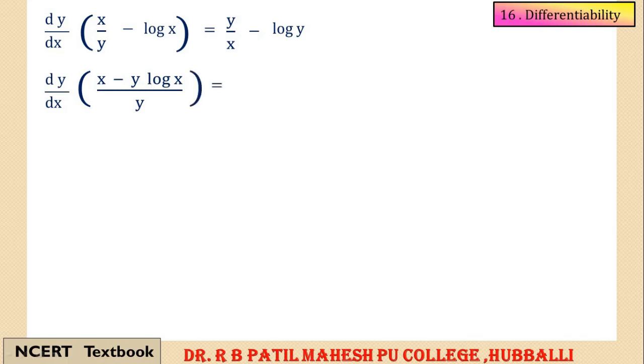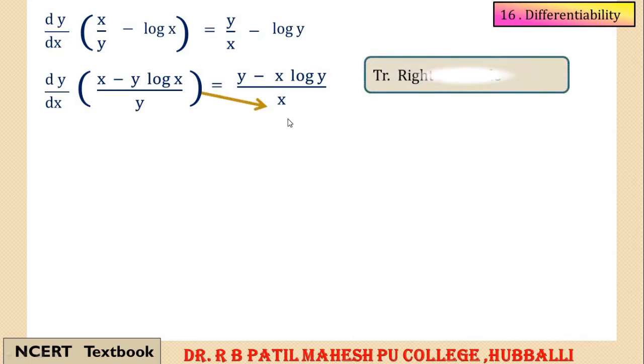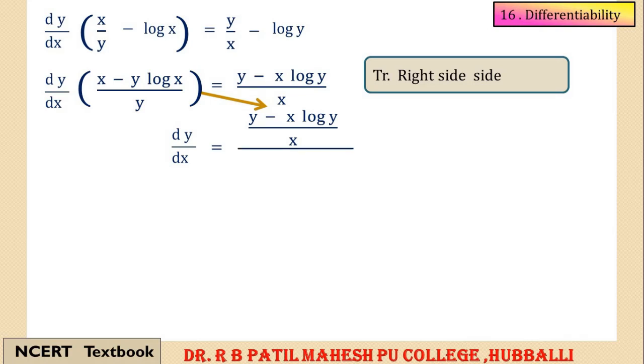Equal to, on the right side x is the LCM, so it becomes y minus x log y divided by x. Now transfer this bracket term, the product term, to the right side. So you will get dy by dx is equal to y minus x log y divided by x, whole divided by x minus y log x divided by y.